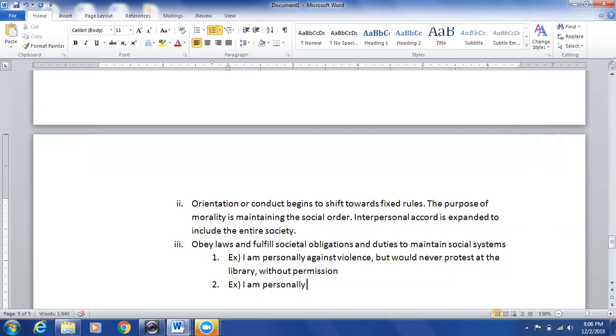And then another example, I'm personally against the attendance policy at work, but will still check with my boss when I am going to violate it.